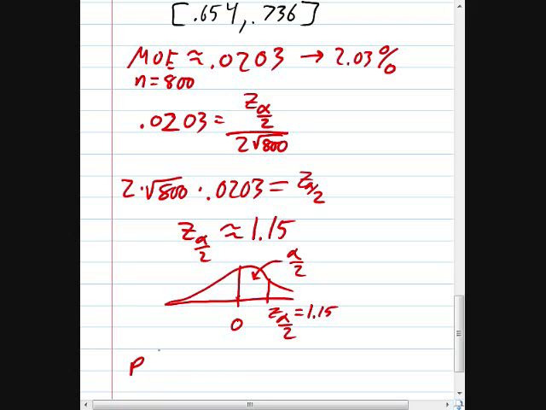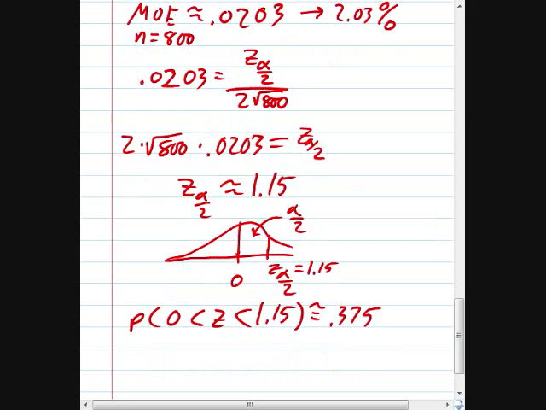That area is found by looking at the probability that 0 is less than z is less than this z-score, which is 1.15. If you solve this problem using the techniques from the previous section, you should get that this is approximately 0.375. So this is the area between 0 and z sub alpha over 2.